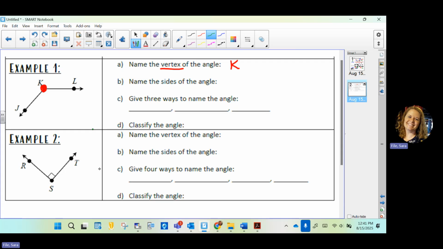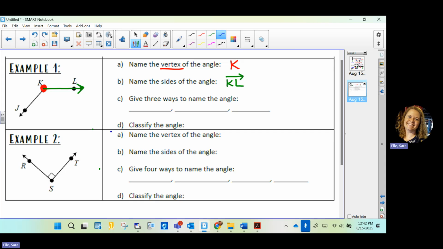So let's name the ray that goes through L. How would I name that ray? The one I just went over in green. Well, the one on top is L. KL. You have to start with K. The ray has to start with the endpoint, which is the vertex when we're talking about an angle.